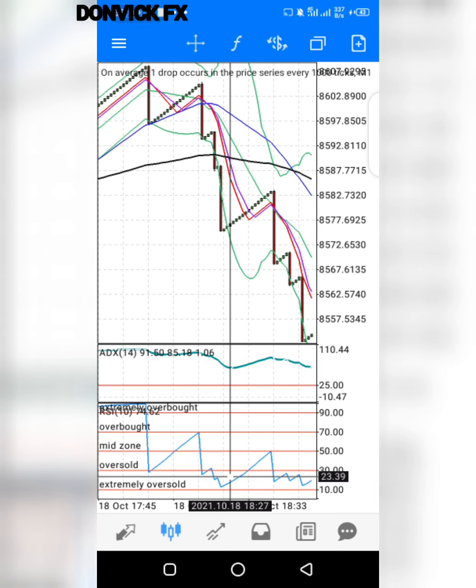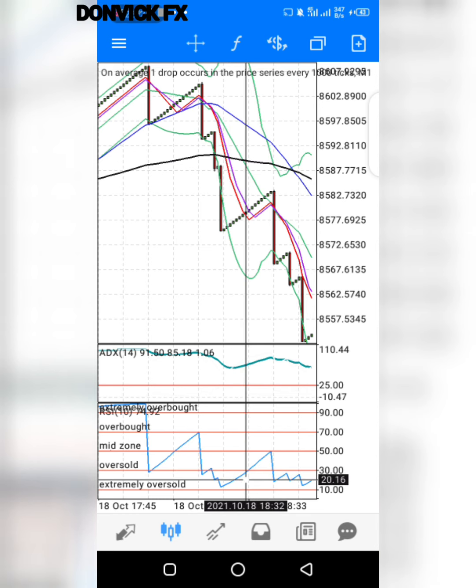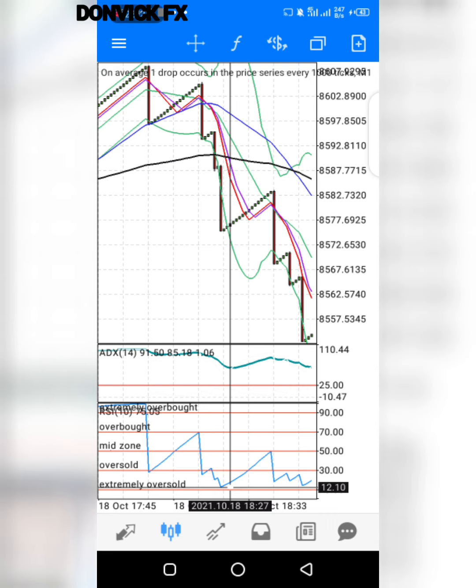It's still going to fall, yes, sure, it's still going to fall, but there's going to be a delay of approximately 5 to 10 minutes. So when you notice that it has reached this extremely oversold zone, you can decide to close your trade and reopen in the next 5 to 10 minutes, approximately 5 minutes. That is if it corresponds to your M5.